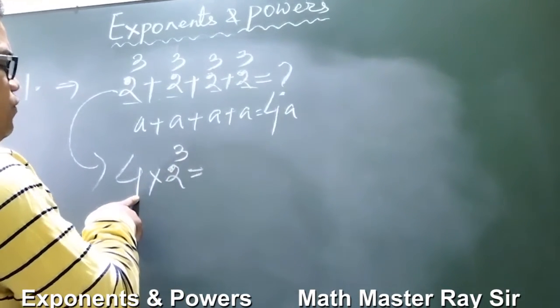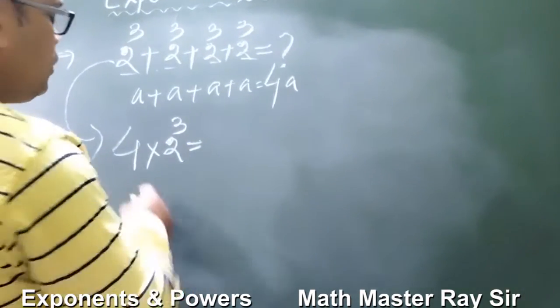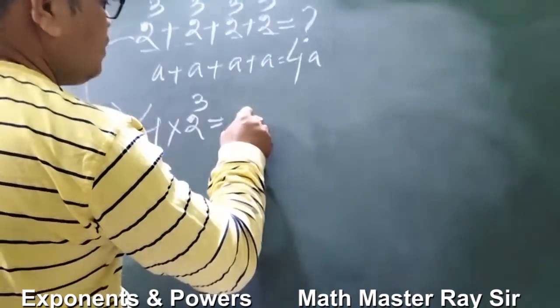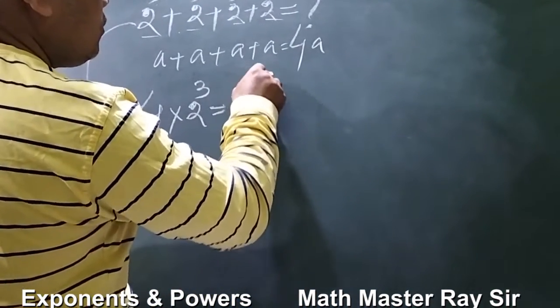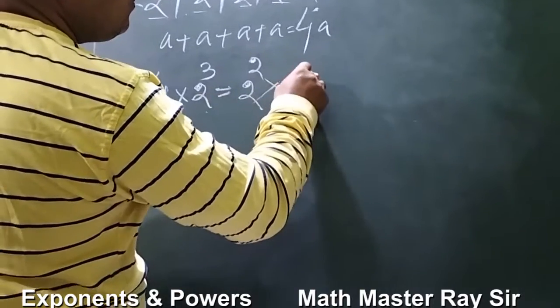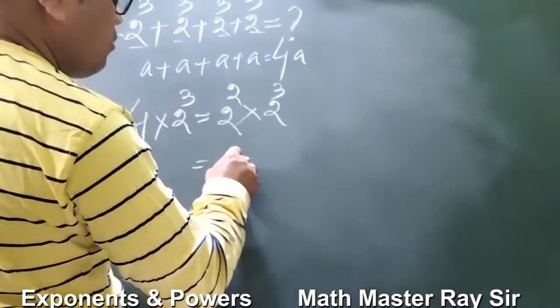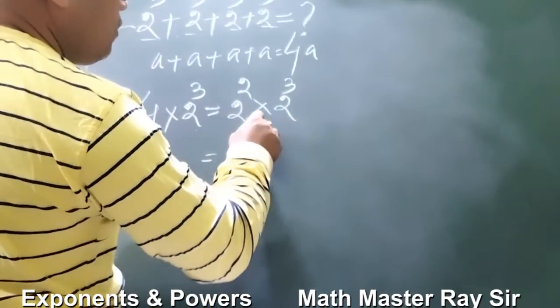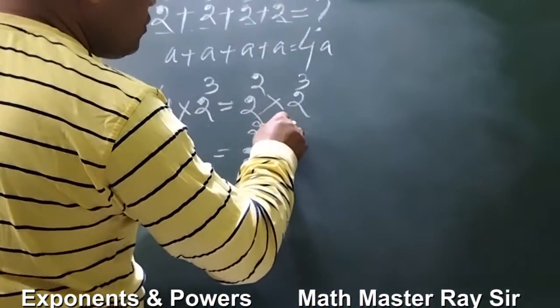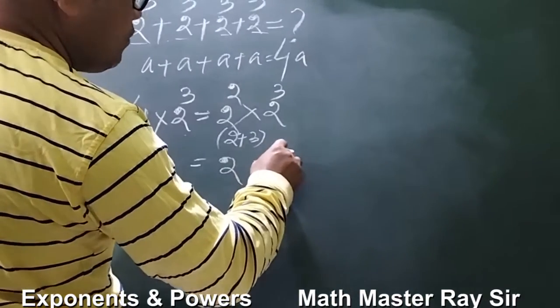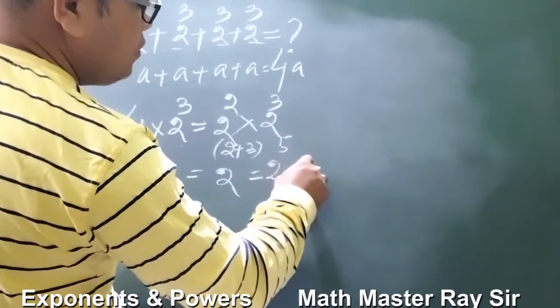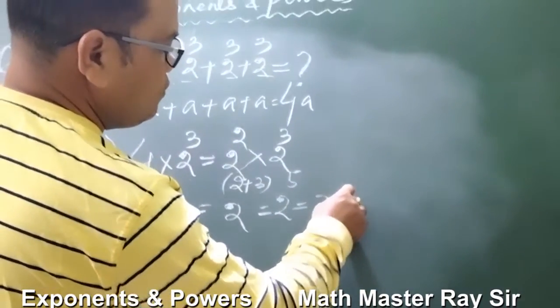Now convert 4 into base 2. It will be 2 to the power 2. Here it was 2 to the power 3. Now it becomes the same base multiplied with different powers, so the powers will be added: 2 to the power 5, or the result will be 32.